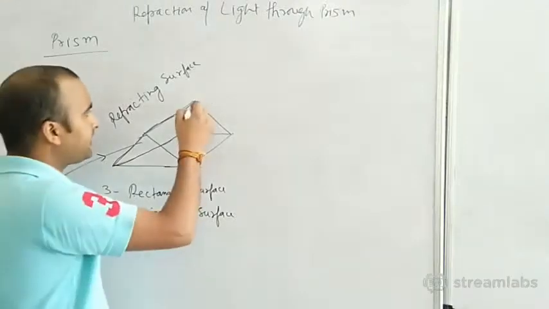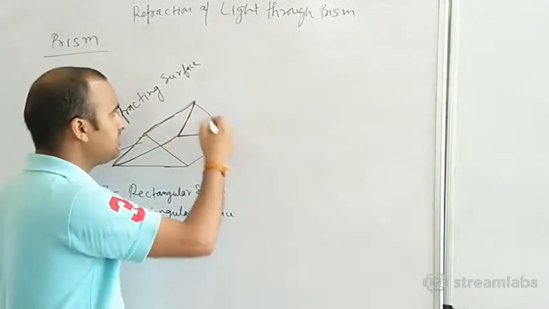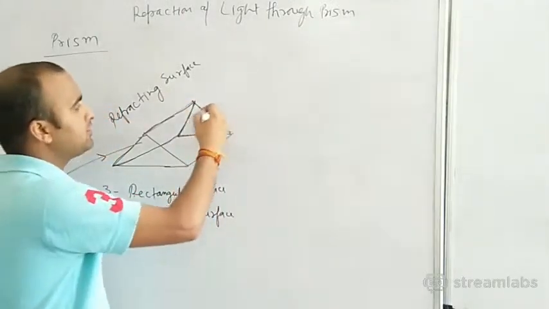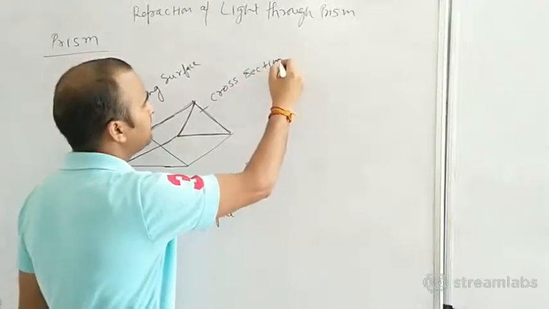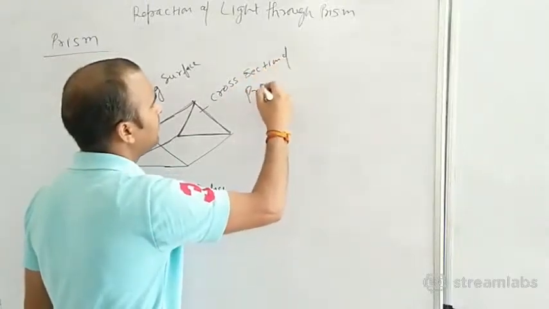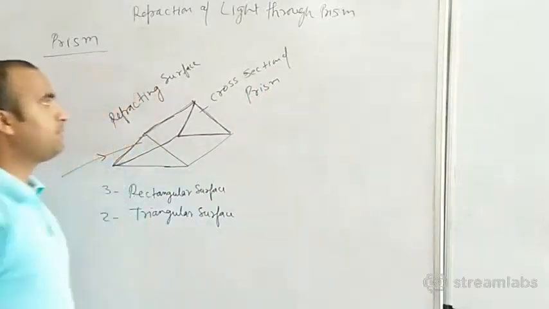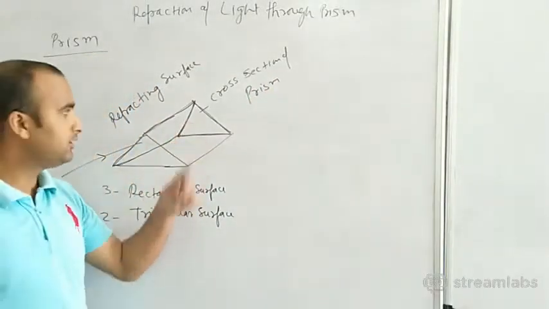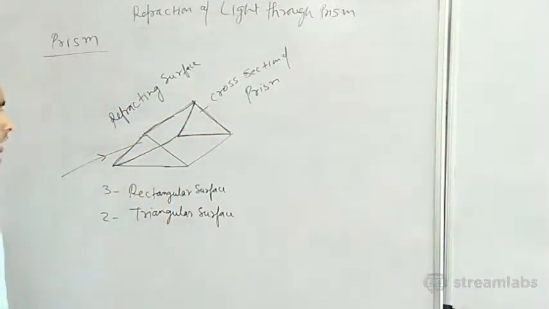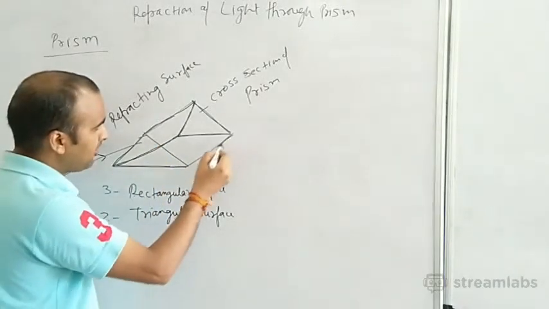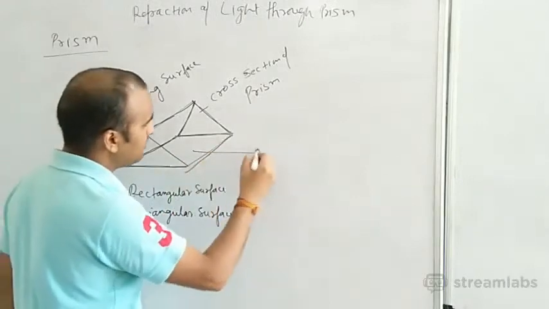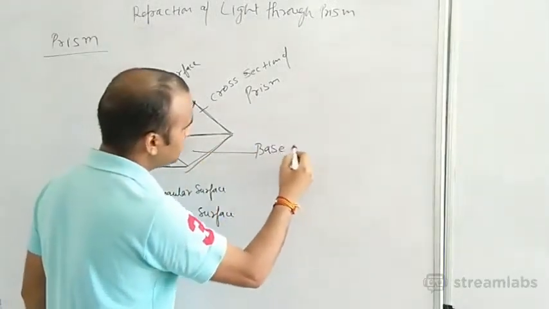This is the triangular surface and it is known as the cross section of the prism. The cross section of the prism is triangular in shape. And this bottom part is known as the base of the prism.